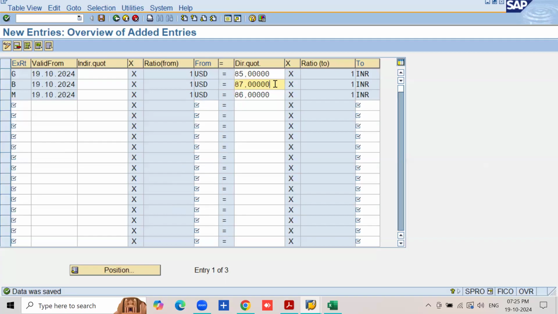Next, again, note. This is for your practice purpose only.